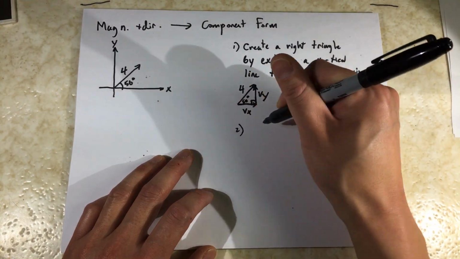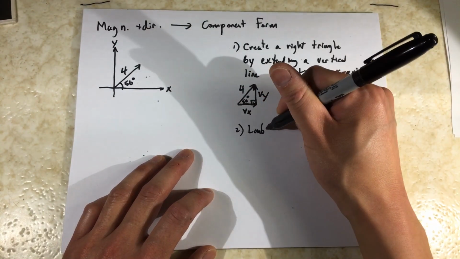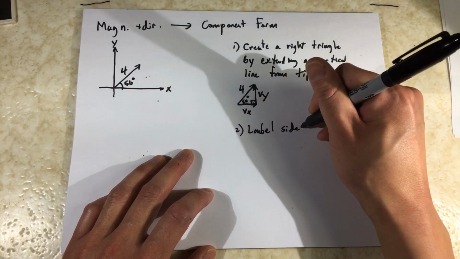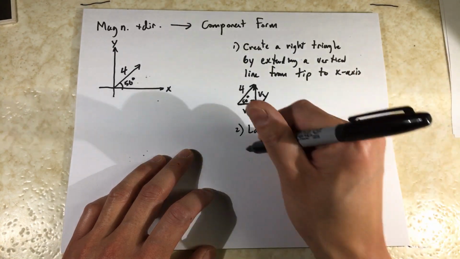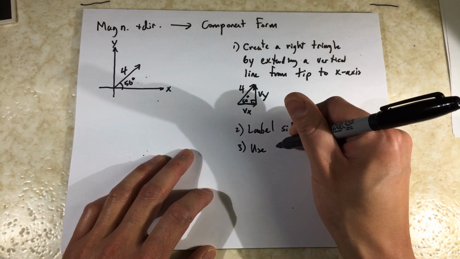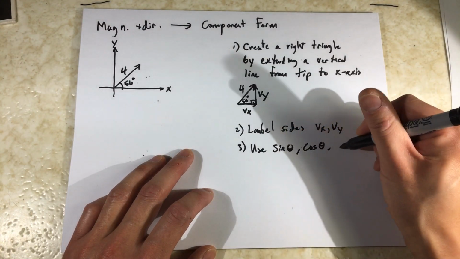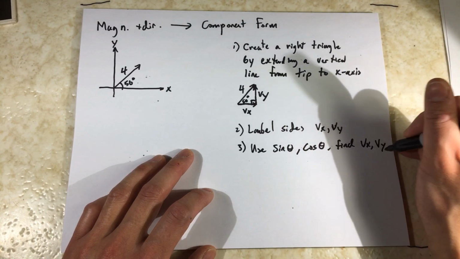All right. So label the sides Vx, Vy, and then use sine theta and cosine theta to find Vx and Vy.